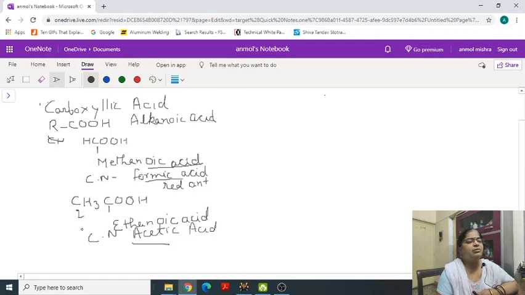Likewise, there are many compounds whose names are derived from their natural sources. Now, derivatives of carboxylic acid. First is RCOCl. This is known as acid chloride.